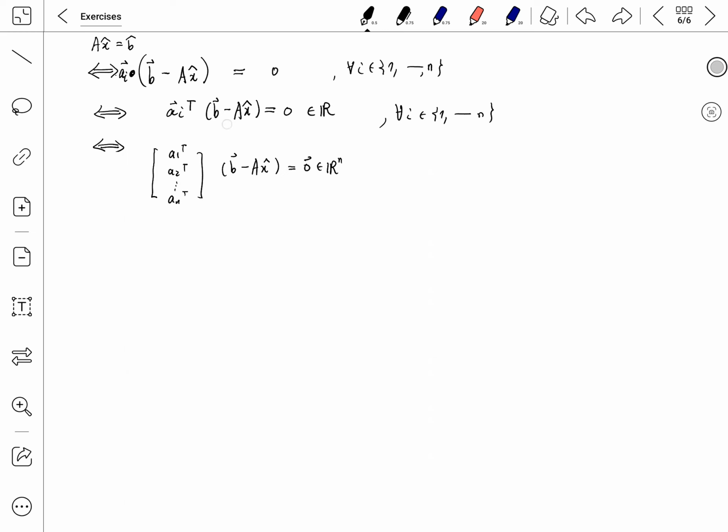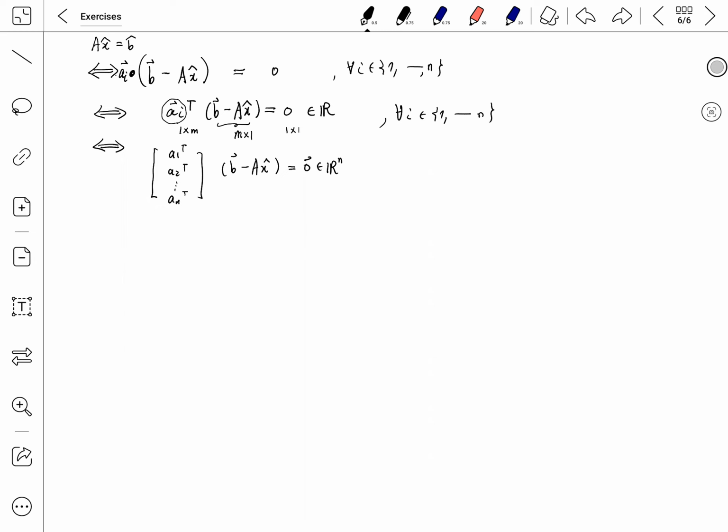So notice what is the size of this. This is just n by 1, right? And so transpose is 1 by n. Finally, this is 1 by 1.